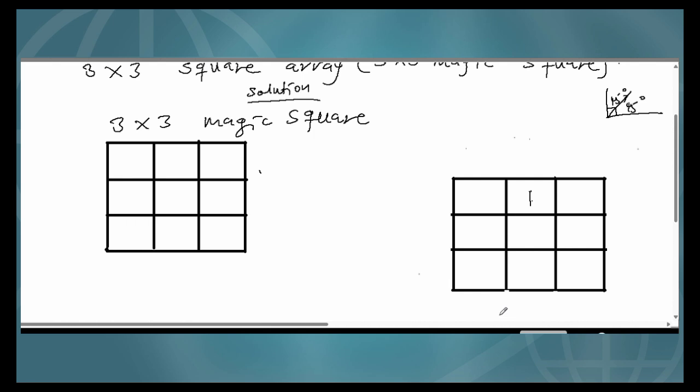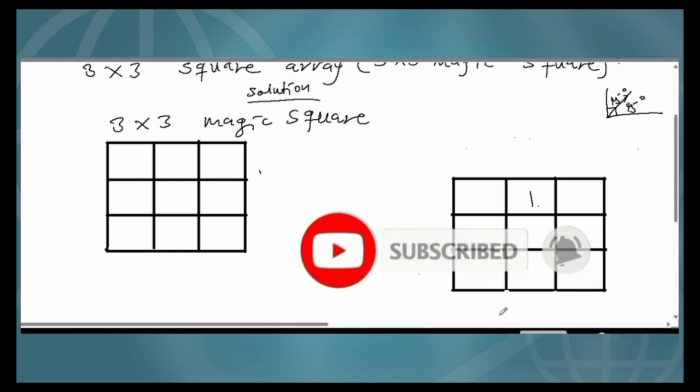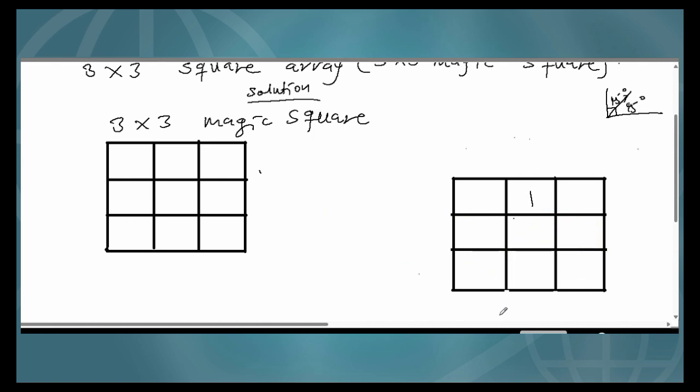So after writing any entry, after inputting any figure in the spaces, what we need to consider is the right upper corner of that particular square. So this square, in which we have input our first value 1, the right upper corner of this is here.